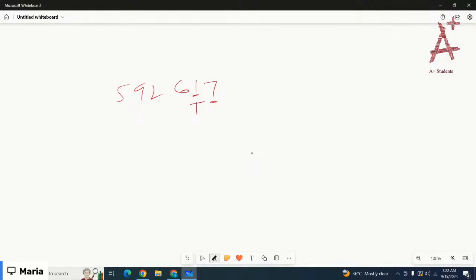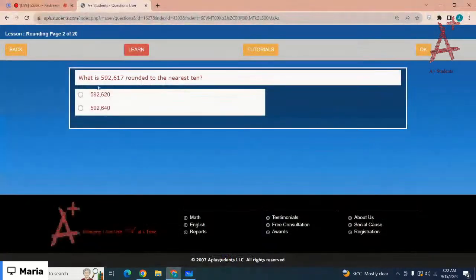Just look at the right side, you have 7. You have to compare this digit to 5. 7 is greater than 5, right? That means you have to add 1 to the tens digit. It would be 59262, and replace the last digit with 0. It would be 592,620, right? The first one is the correct option, right?